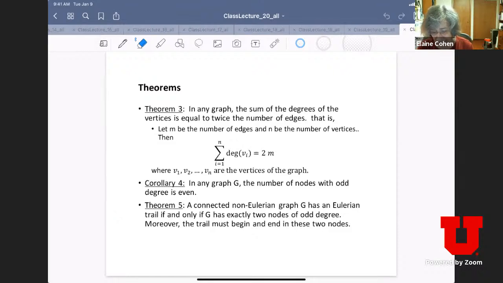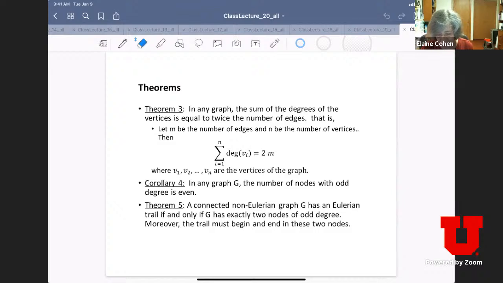If we let m be the number of edges and n be the number of vertices, then the sum from 1 to n of the degree of vertex v sub i is equal to 2 times the number of edges. We actually already figured out a proof, since we discovered that every edge appears exactly twice when we count the degree of the vertices, one for its beginning, one for its other end.